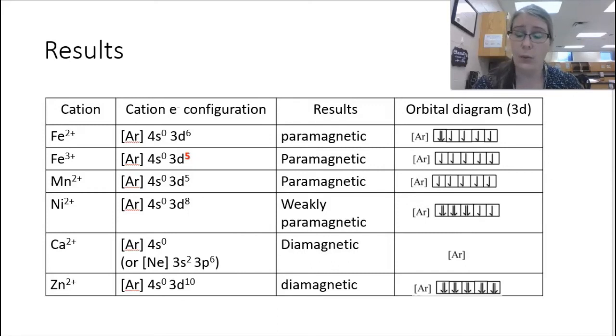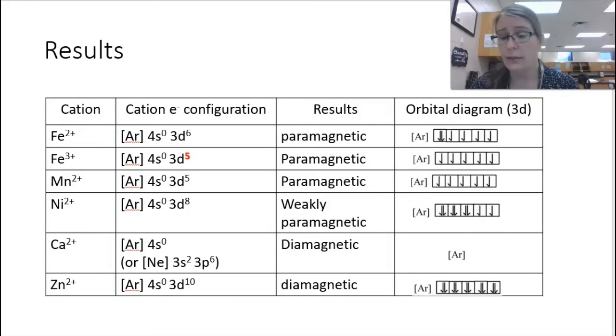If we look at the orbital diagram of the 5 degenerate 3d orbitals, because remember, all of these as cations would have empty 4s orbitals, then if we remember Hund's rule, which says that you half fill a set of degenerate orbitals before you go back and pair, you can see why the iron and the manganese salts were very strongly paramagnetic, because they have 4 or 5 unpaired electrons.